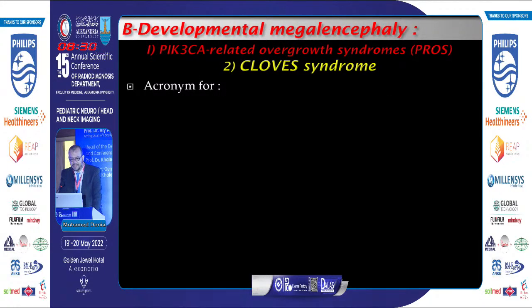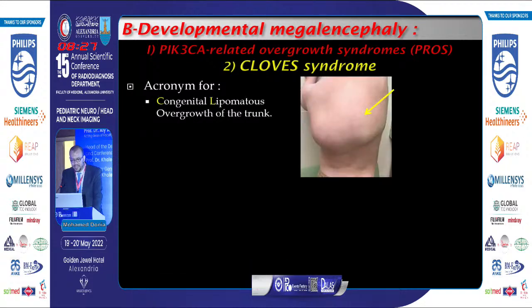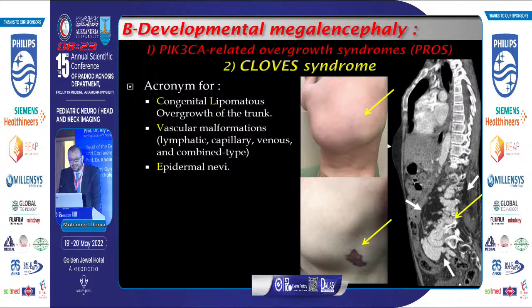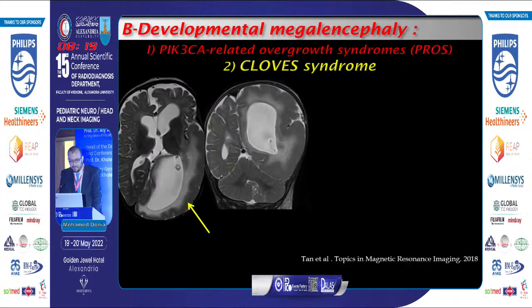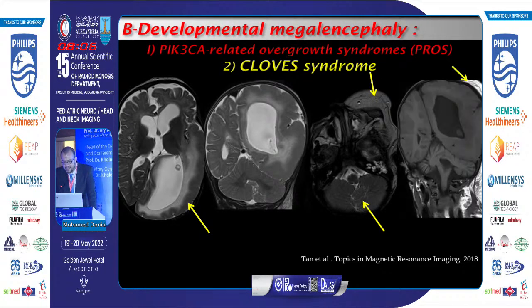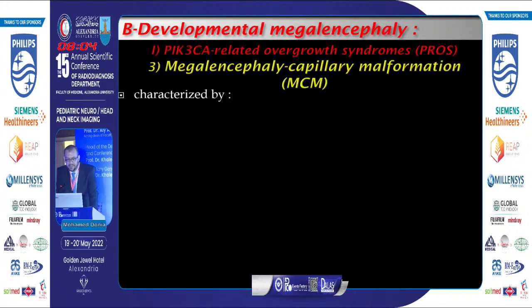CLOVES syndrome is an acronym for congenital lipomatous overgrowth of the trunk, vascular malformation, epidermal nevi, scoliosis, skeletal and spinal malformation. MR neuroimaging shows left-sided hemimegalencephaly with malformation of cortical development, cerebellar dysplasias, and lipomatous malformation over the left side of the face, scalp, and neck.